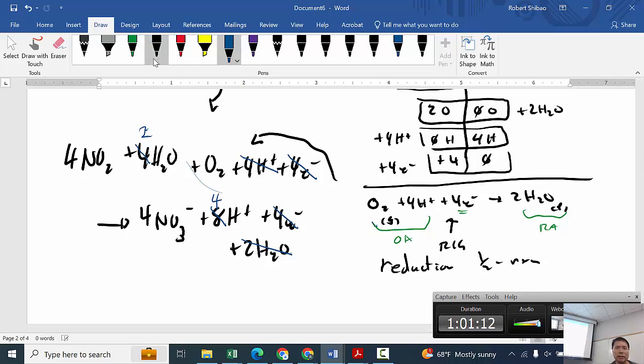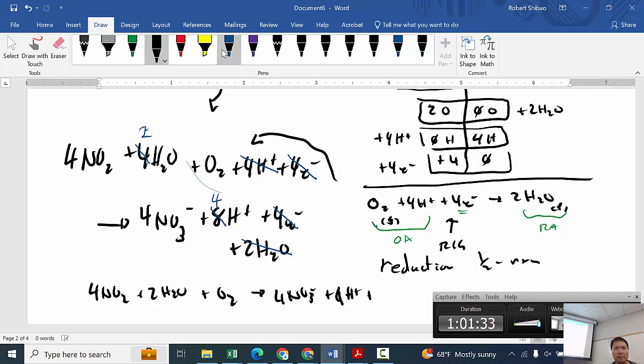So overall, the reaction should look like this. It's going to be 4 NO2 plus 2 H2O plus O2 yields 4 nitrates plus 4 H plus.